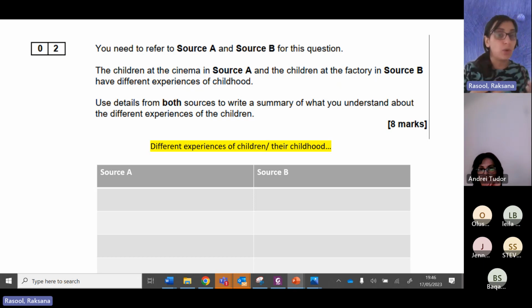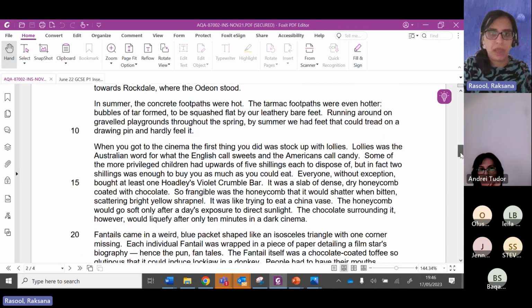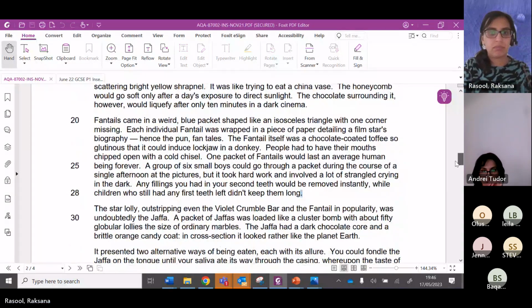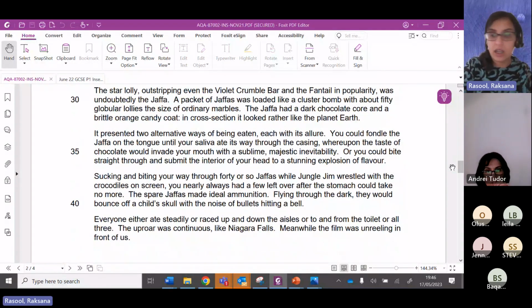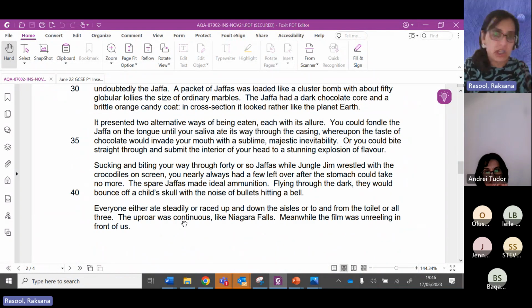So we're assuming there's more boys perhaps than girls. Is that a fair assumption to make? I mean, what else do we learn about these children? They're having fun. They are unsupervised. You know, the uproar was continuous. So the entire time they're there, which is the entire afternoon, it's like Niagara Falls, a constant stream of noise.